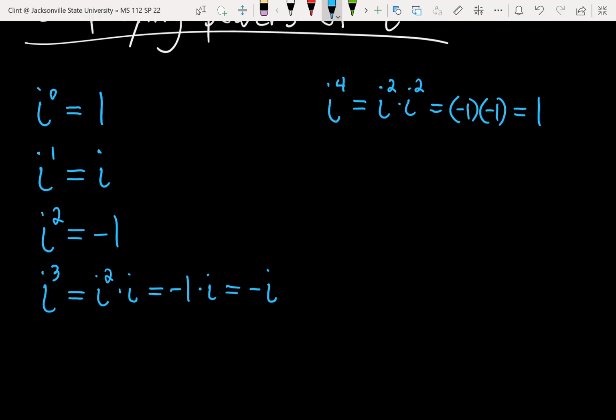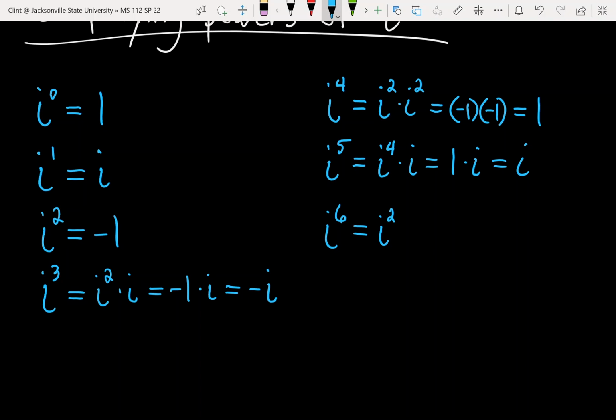Anybody got a guess on i to the fifth? i to the fifth, that's i to the fourth times i. We said i to the fourth is 1, so 1 times i. Got a guess on i to the sixth? Negative 1.